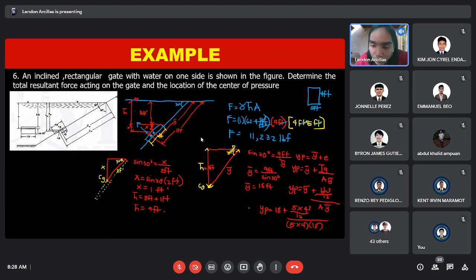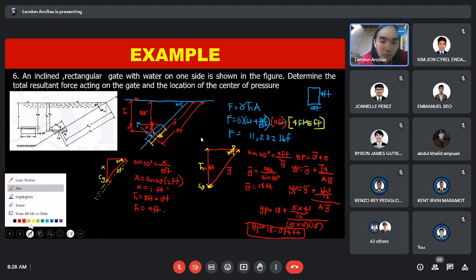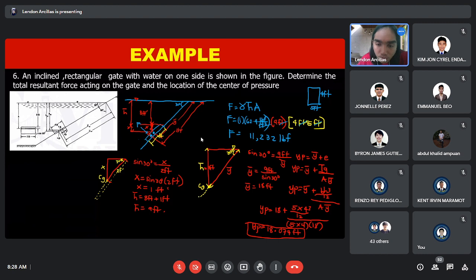So yun, yp is equal to 18.074 feet. So yun, ang yp is just this one. Which is this one is E. Okay?